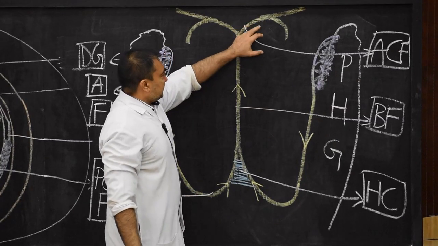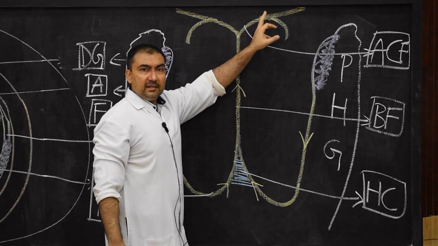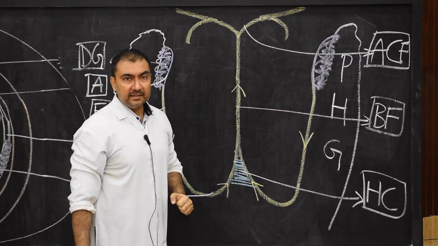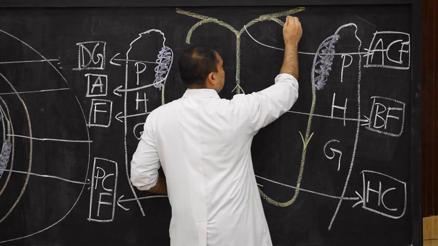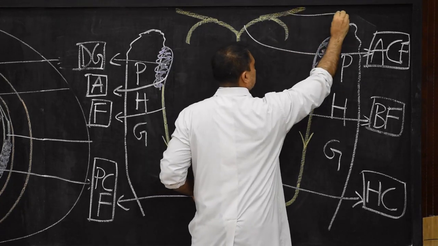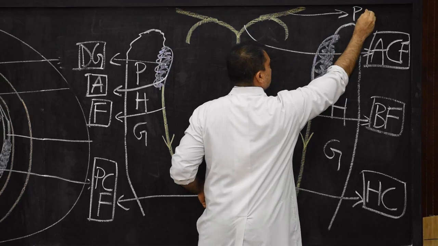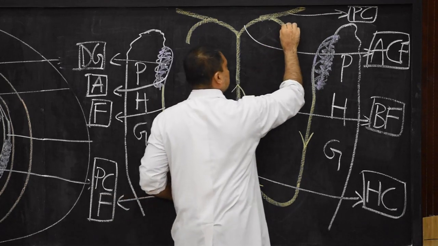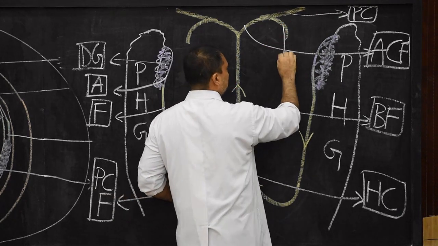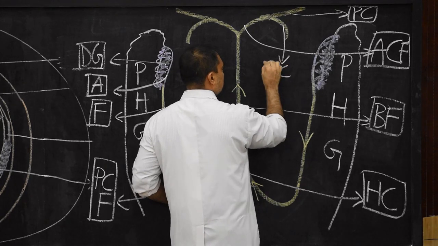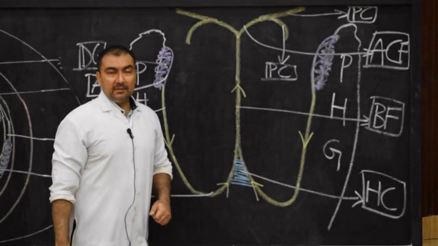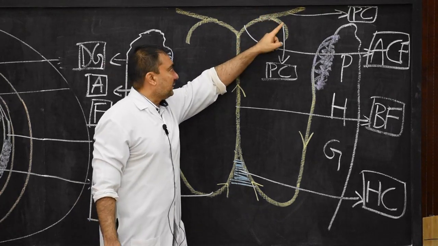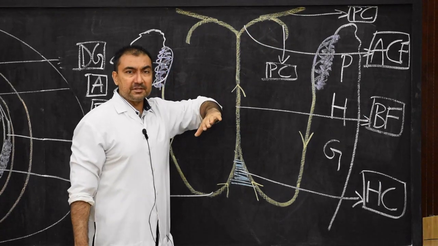This is very interesting. Here, as it goes in the right and left cerebral hemispheres, the anterior columns of fornix will split into two parts. Each right and left will split in such a way that these fibers will form the precommissural fibers, and the fibers which are present here will be known as the postcommissural fibers, because these fibers will pass in front of the anterior commissure, and these fibers will pass behind the anterior commissure.